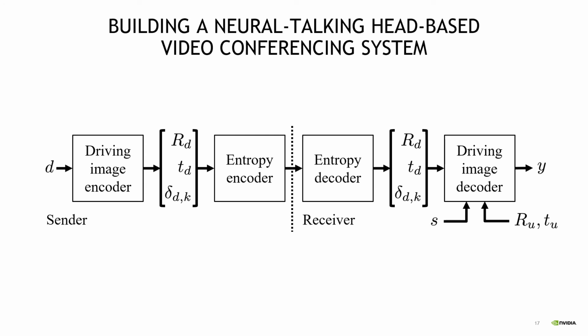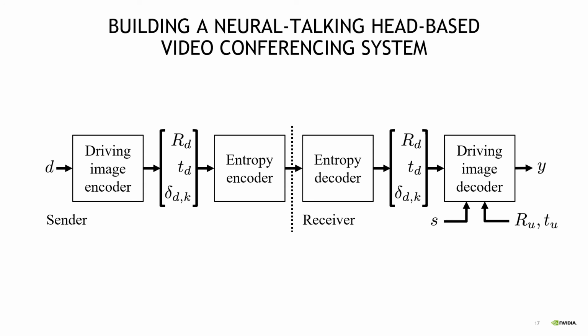So this is what happens on the sender side. On the receiver side, it first uses the entropy decoder to get back the rotation, translation, and expression deformation. Then, combined with the source features extracted from the source image and also the canonical key points, we can reconstruct the driving image.